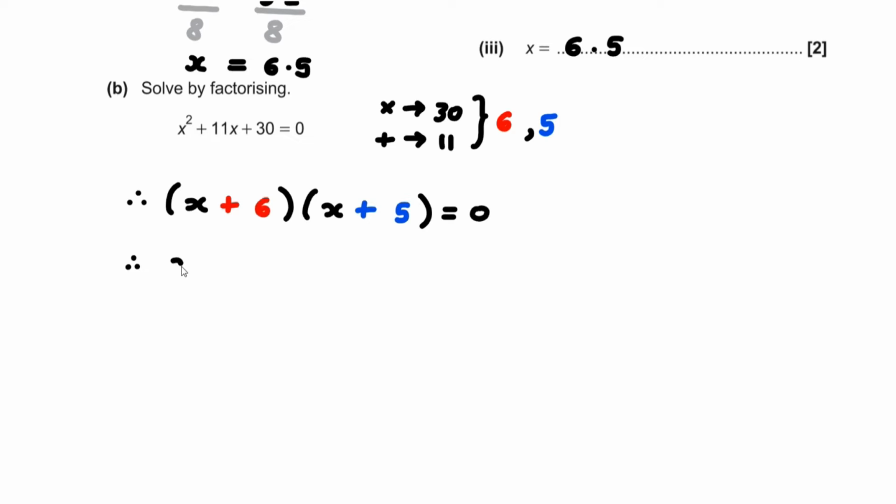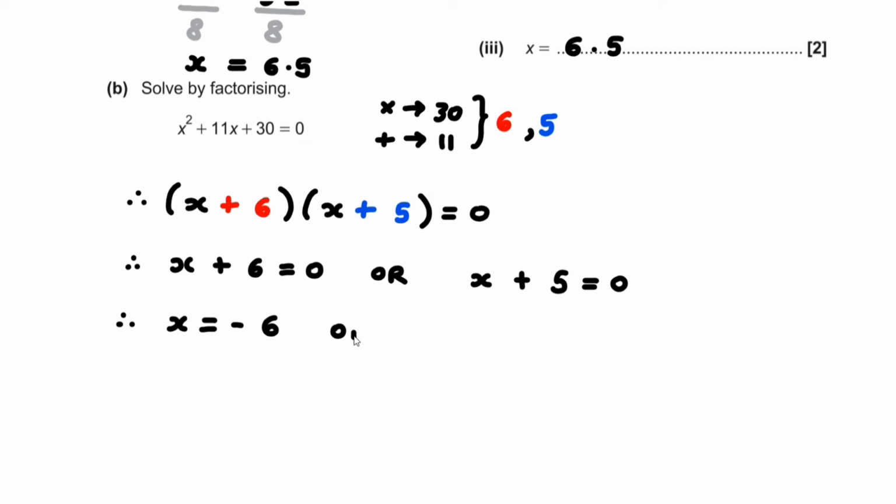In which case we see x plus 6 equals 0, or x plus 5 equals 0. So if x plus 6 is equal to 0, x is equal to negative 6. If x plus 5 is 0, x is equal to negative 5.